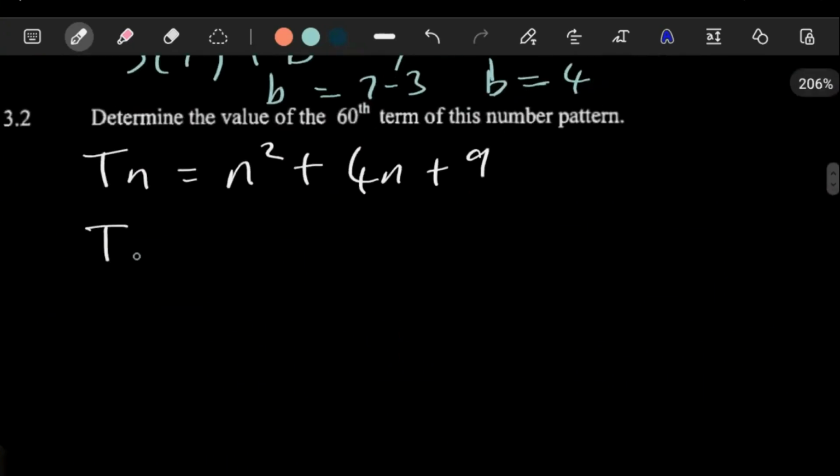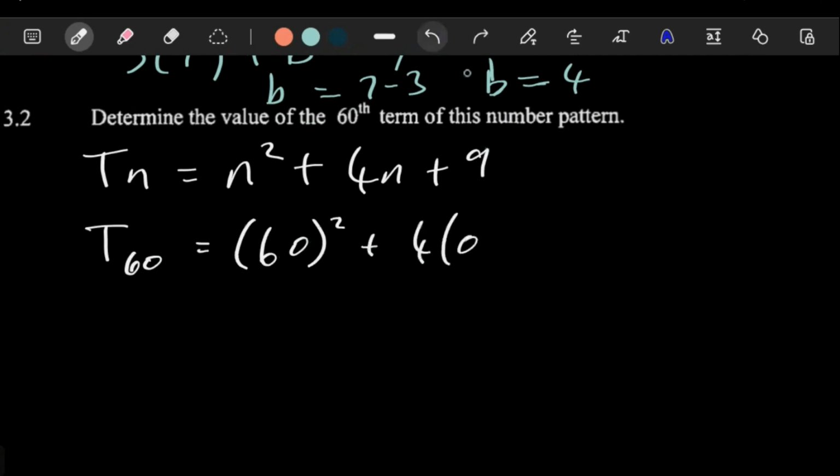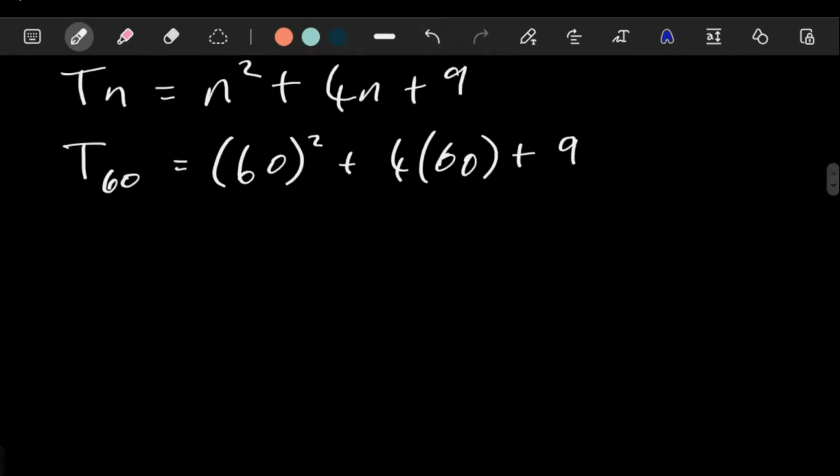T60, we have to put a 60 where n is. 60 squared plus 4 times 60 plus 9. This is 3,849. There we go.